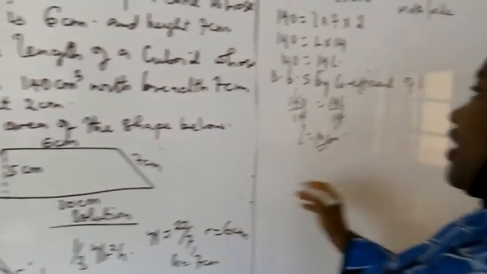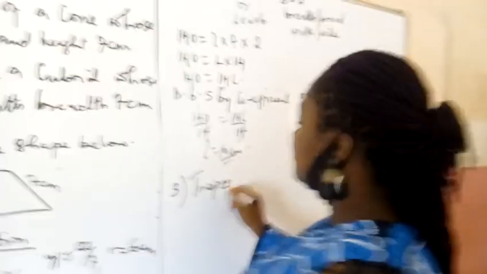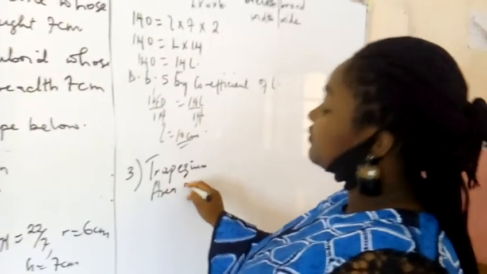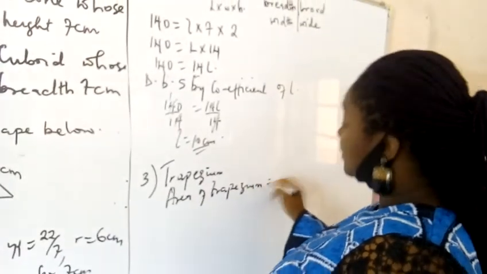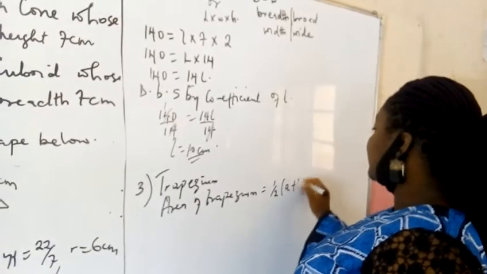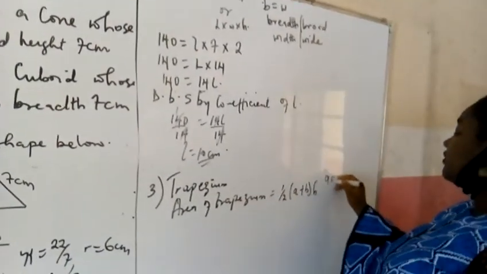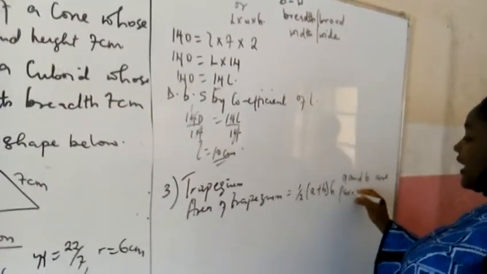The formula for finding the area of a trapezium is equal to half the sum of the parallel sides times the height.